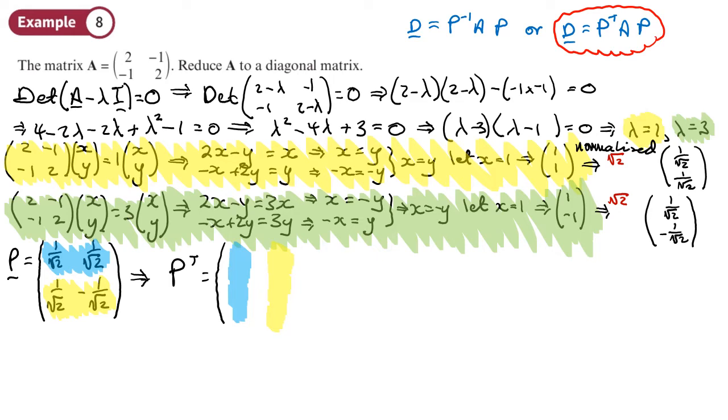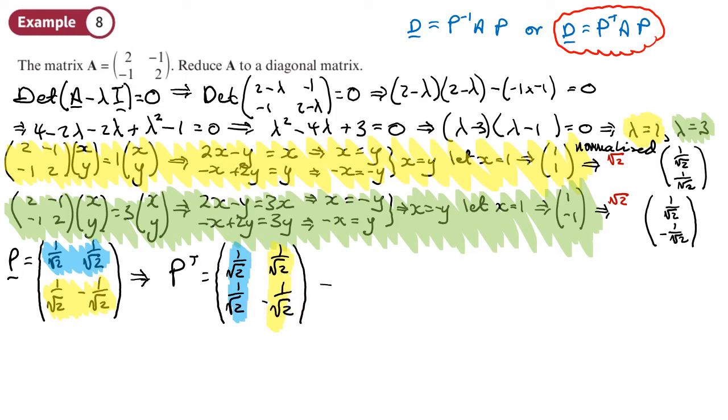So our first column is going to be 1 over root 2, 1 over root 2. The second column is going to be 1 over root 2, negative 1 over root 2. You can see it actually doesn't look any different, even though we've swapped the rows with the columns. You could think of it the other way, that the first row becomes the first column, and the second column becomes the second row. Whichever way you do it, that's P transpose.